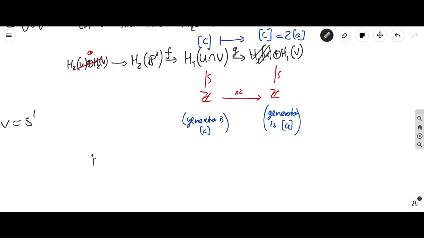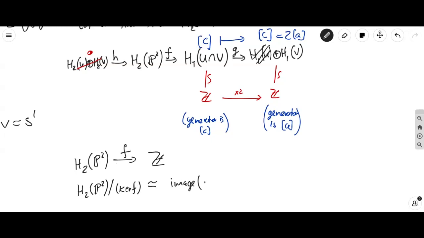I need another map, so let me call this map H. So we have H2 of P2 being mapped into Z. This is Z. And we're going to say that H2 of P2 mod the kernel, by the fundamental isomorphism theorem, is isomorphic to the image of F.